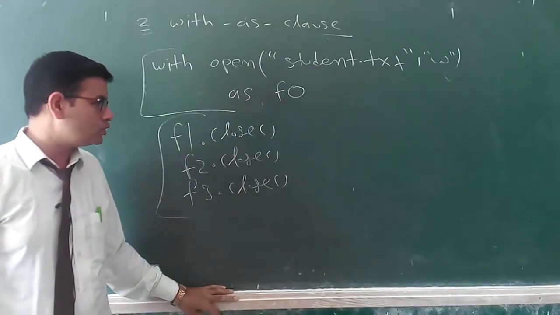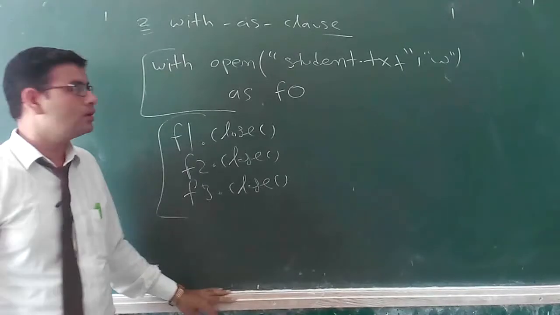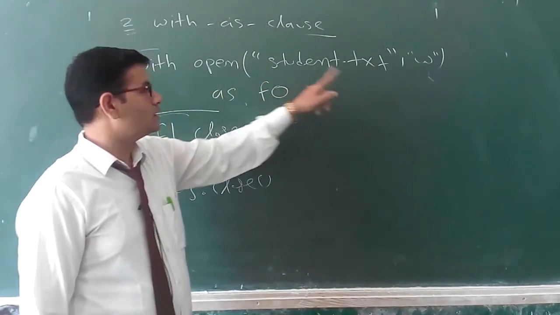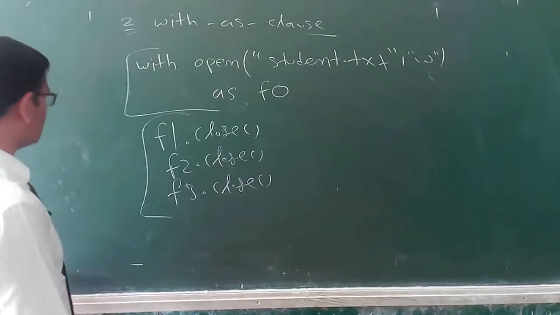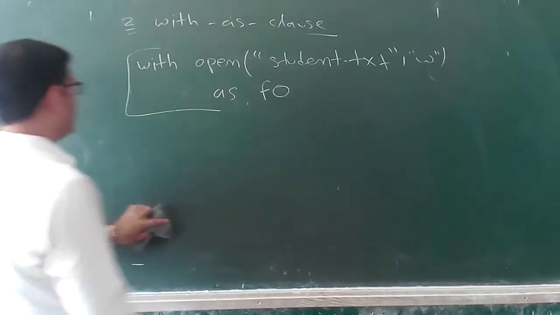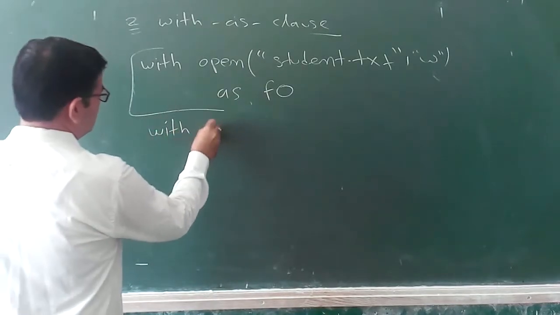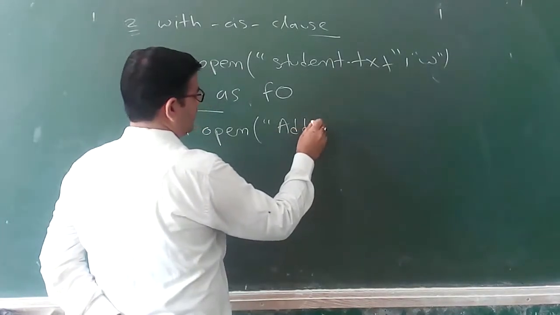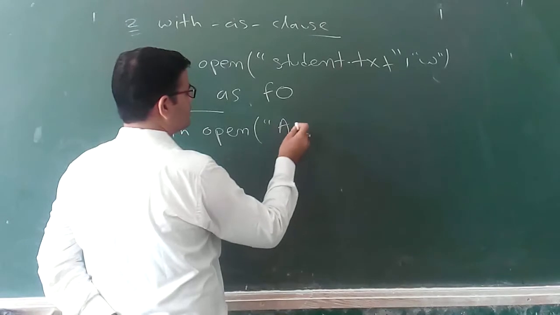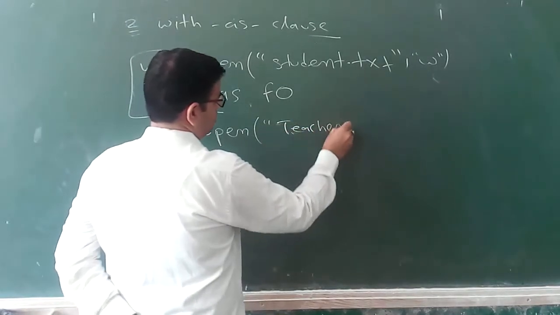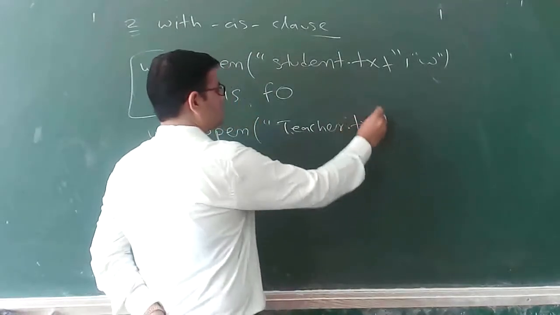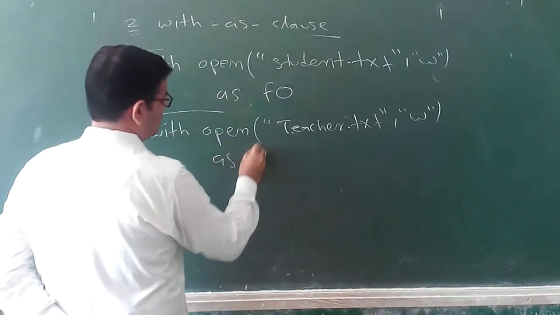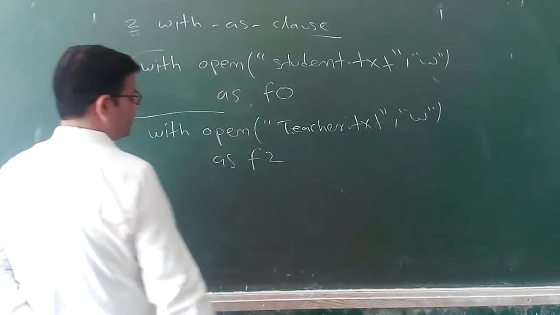So if you want to automatically close your open file, then directly you can use with open student.txt, and in the next line you can open the next file, like with open admission, or you can say teacher.txt, next w, as f2.